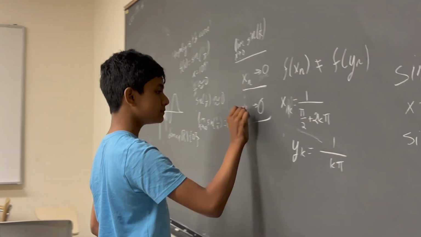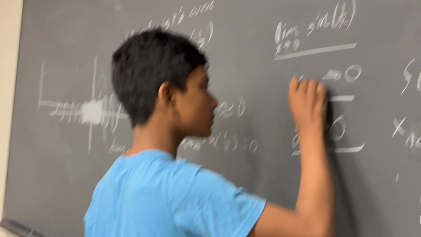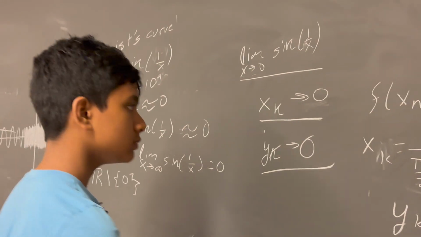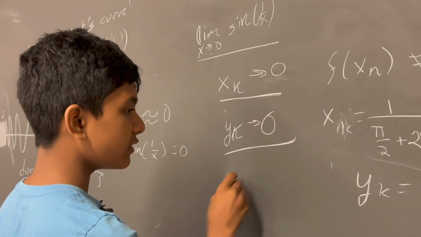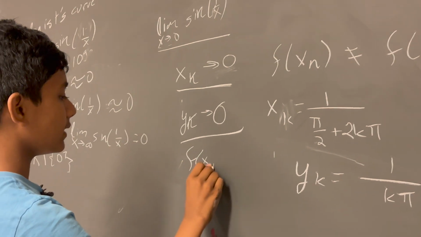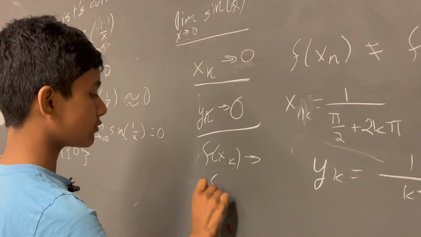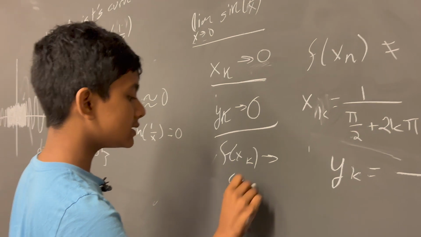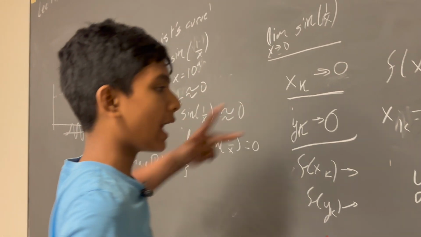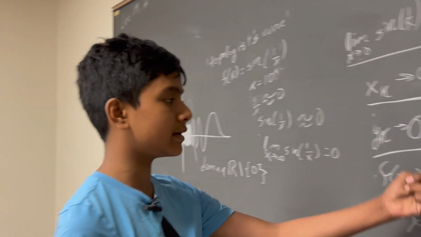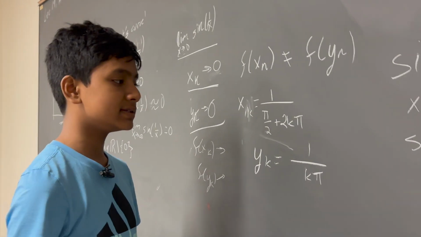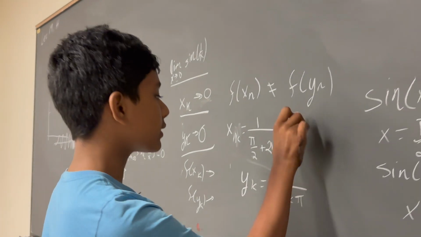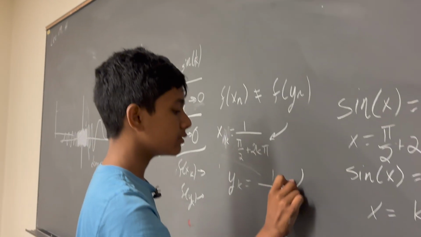Pretty simple, right? So now, how can we prove that f of xk and f of yk approach different values? Well, let's think about it. First, we need to show they actually approach the same value, xk and yk, and that value being 0. And it should be pretty obvious just from what you can see here.